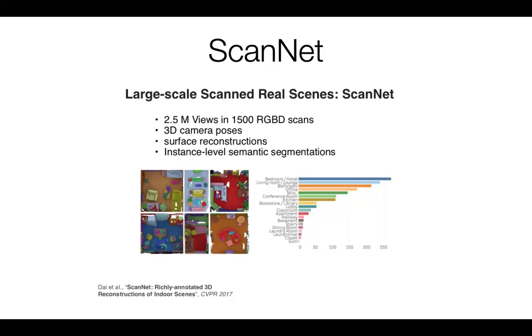It has 2.5 million views in 1,500 RGB scans, and has the 3D camera poses, the surface reconstructions, and also instance-level semantic segmentation. So here we have all the data that you can use to train those applications. And there are other specialized data sets for different types of applications.